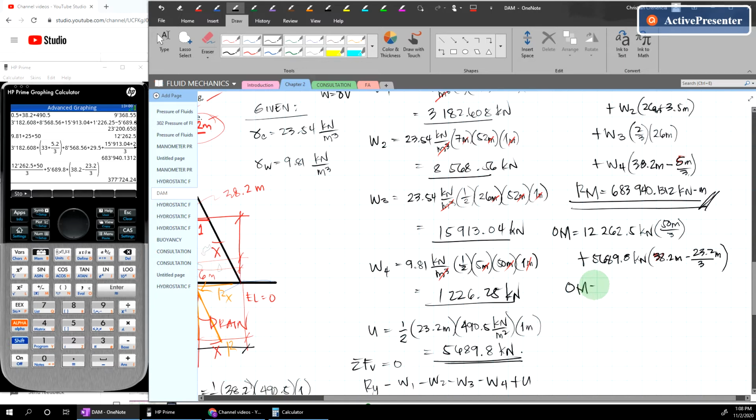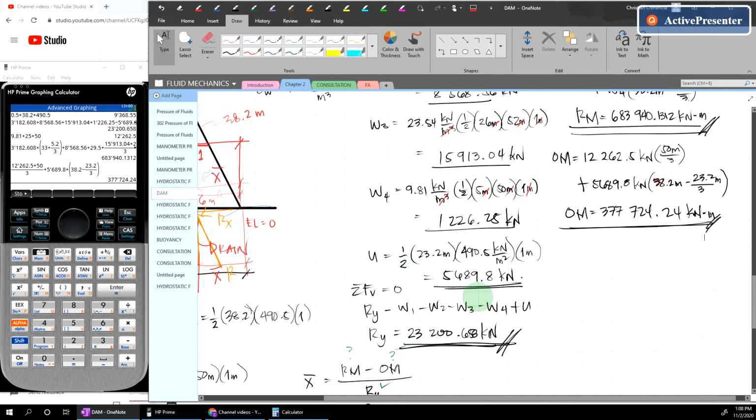So ang ating overturning moment is 377,724.24 kilonewton meter.